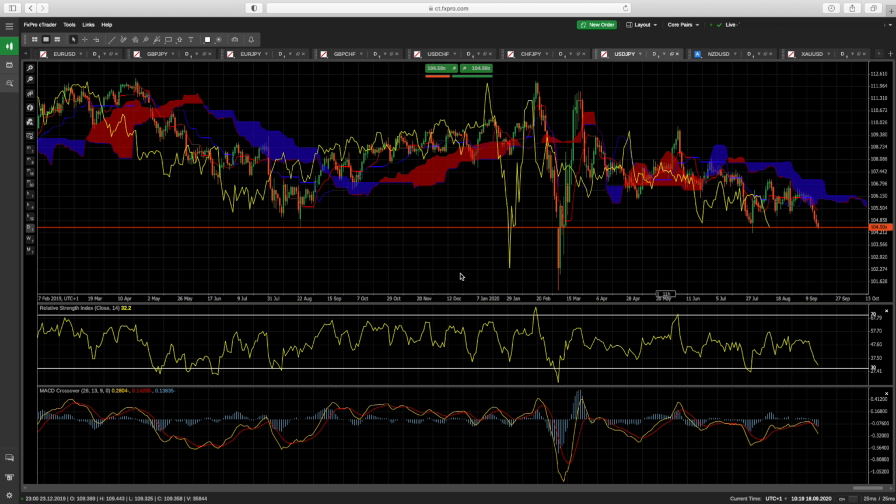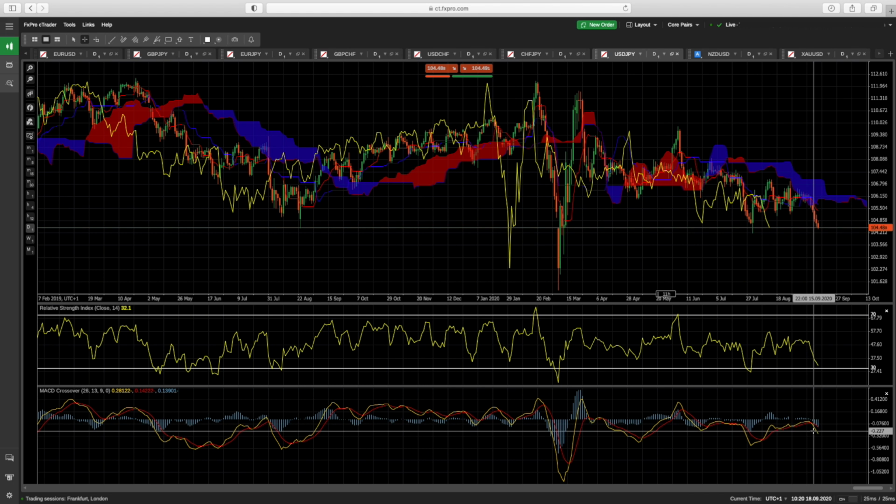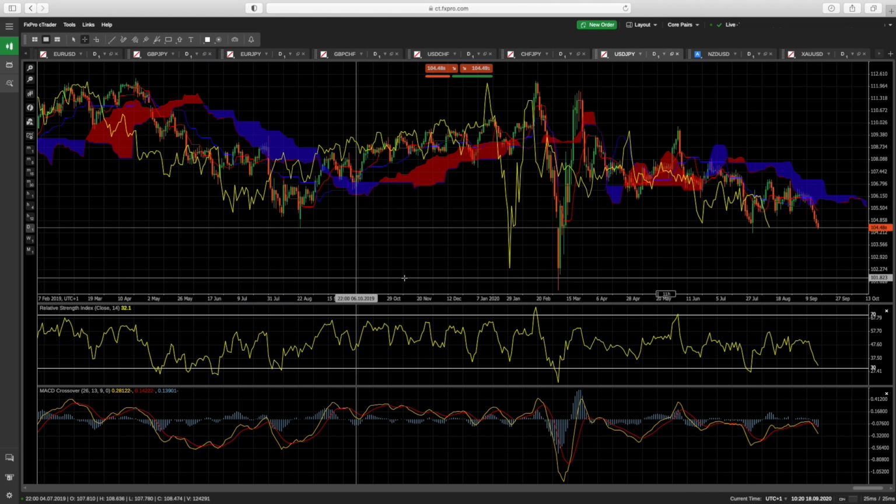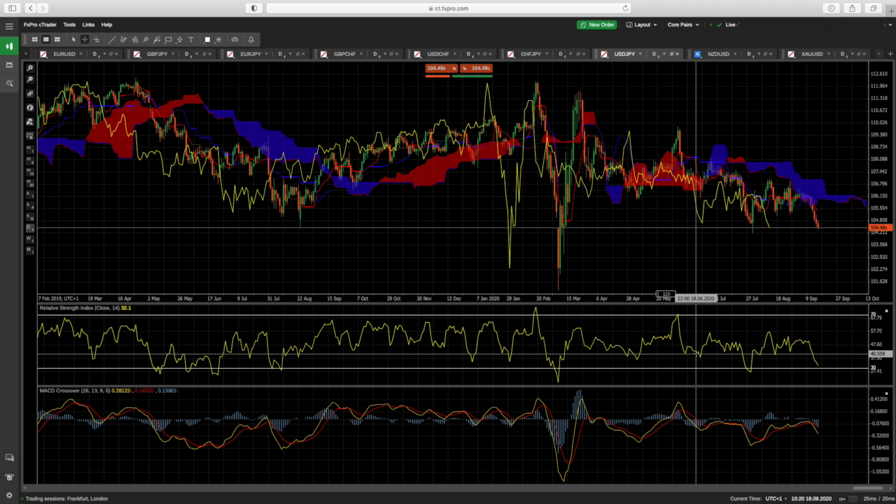Okay, so we did say that 101 is where we will be looking to take profit. My view on how I'm going to approach this trade would be first, looking at my MACD here, the mean crossing the signal, and we're just about touching the outside of the histogram towards the downside, and we know that this is a strong signal to the downside on daily. Now let's just look up at RSI.